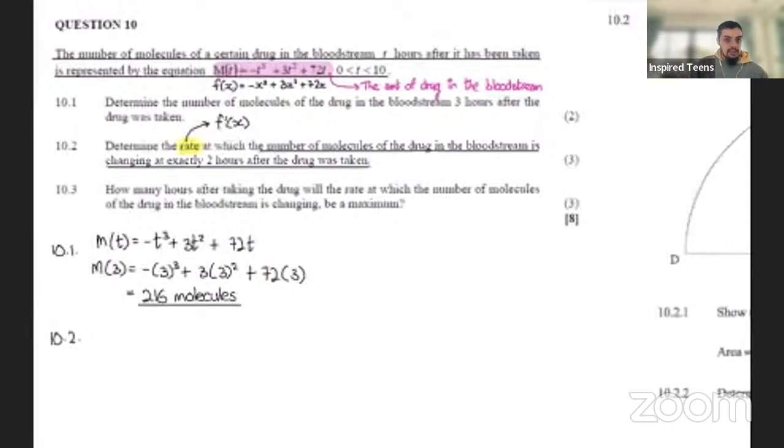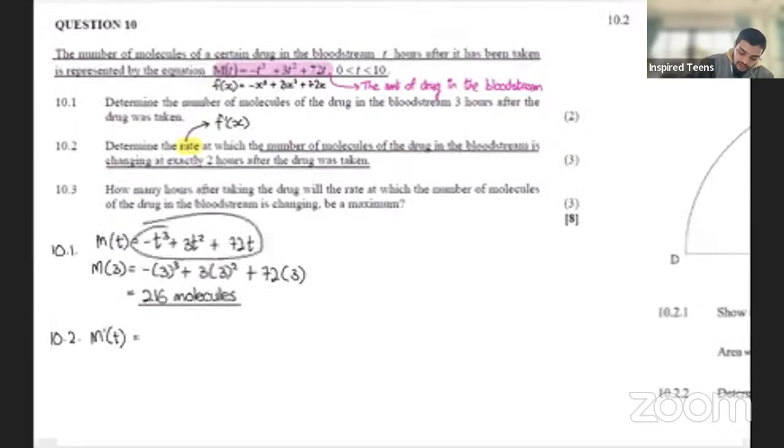Now it's different. The first one is simple, just the number of molecules. That formula gives us the number of molecules, so we just substitute 3. Now they want to know the rate at which the number of molecules is changing. Rate we understand to derive, so we need to find M prime, the first derivative. We derive this: exponent times coefficient, subtract 1 from the exponent.